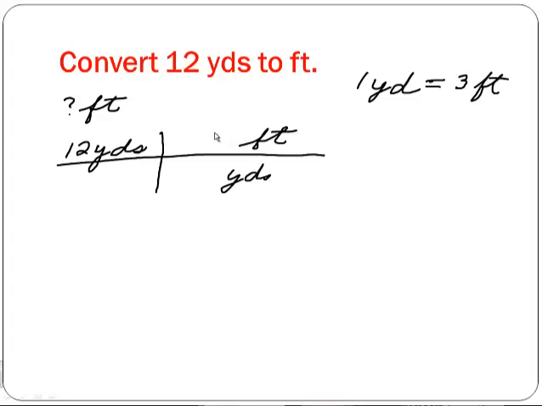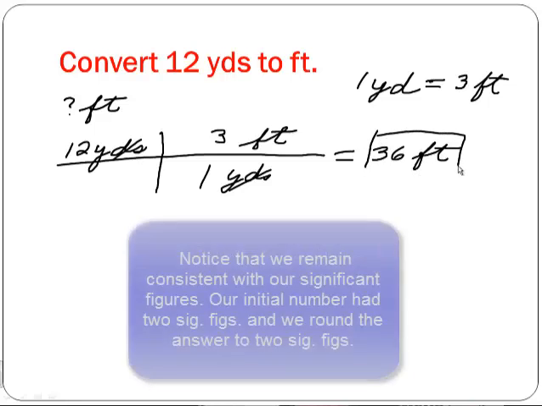And I'm going to use these numbers here. 3 feet is equivalent to 1 yard. Yards will cancel, so therefore the answer here is 12 times 3 equals 36 feet. That is my final answer.